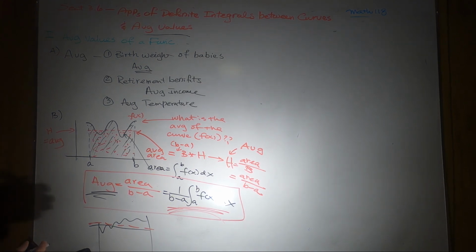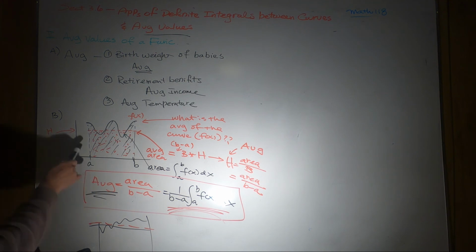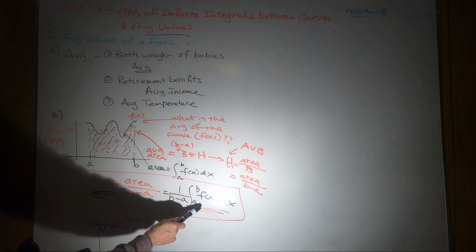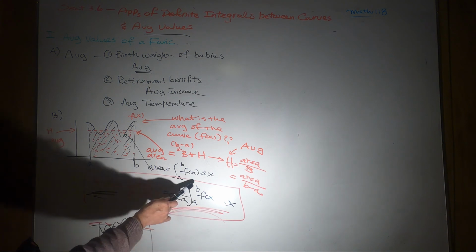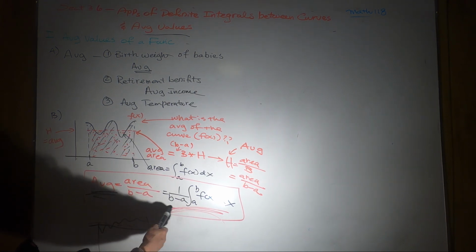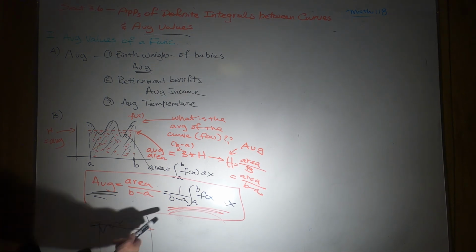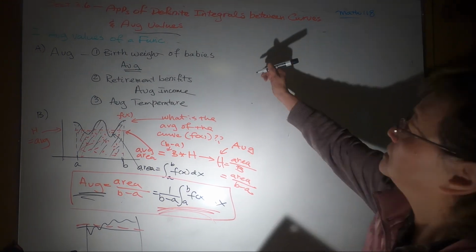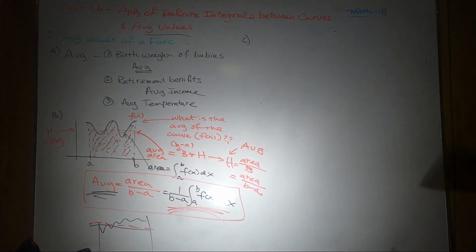So if you want to find the average from time A to time B for a certain model, you do the antiderivative of that model, find the definite integral between that time, then divide by the difference of time. Then you find your average. Okay? So that's how calculus calculates the average. Much more accurate.